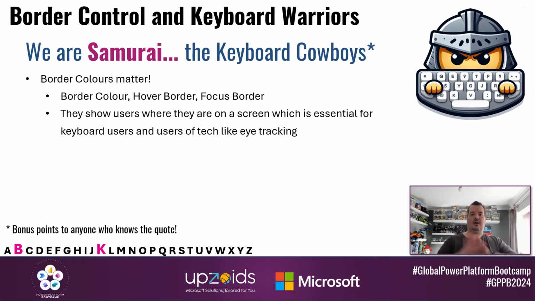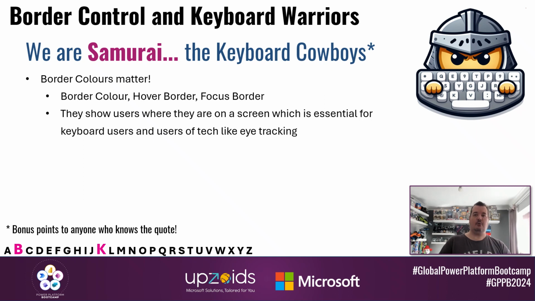Now, border colours matter. When you are setting up a Power App, when you're building a website and you're designing your style sheets and things like that, when you're thinking about developing full-blown applications and things like that, border colours matter.